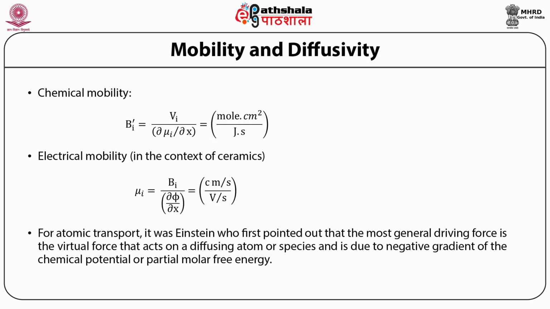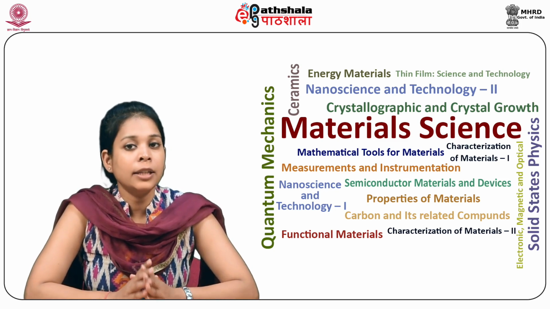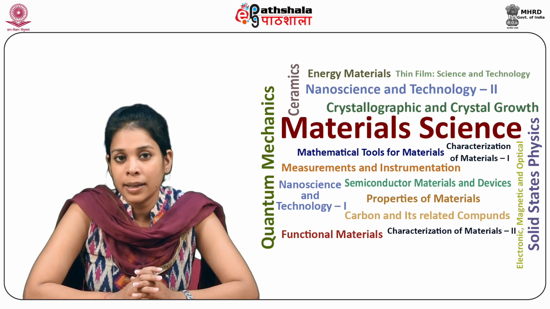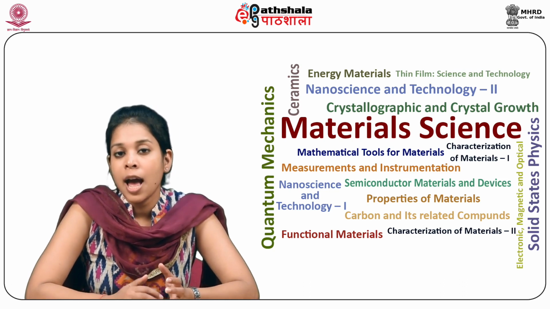For atomic transport, it was Einstein who first pointed out that the most general driving force is the virtual force, which acts on a diffusing atom or species and is due to the negative gradient of the chemical potential or partial molar free energy, and it is expressed as F is equal to 1 by Na times d mu by dx. To obtain the relation between the mobility and diffusivity of the ith species, we need to write the flux in general form as a product of concentration and velocity.